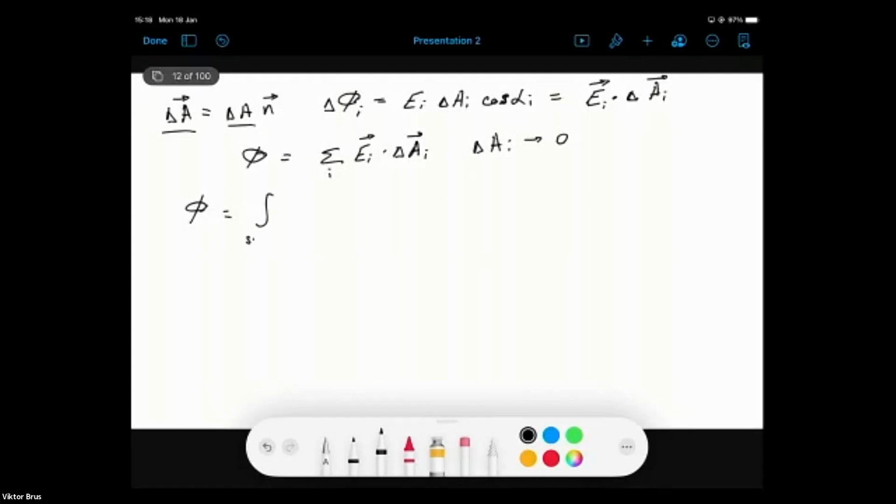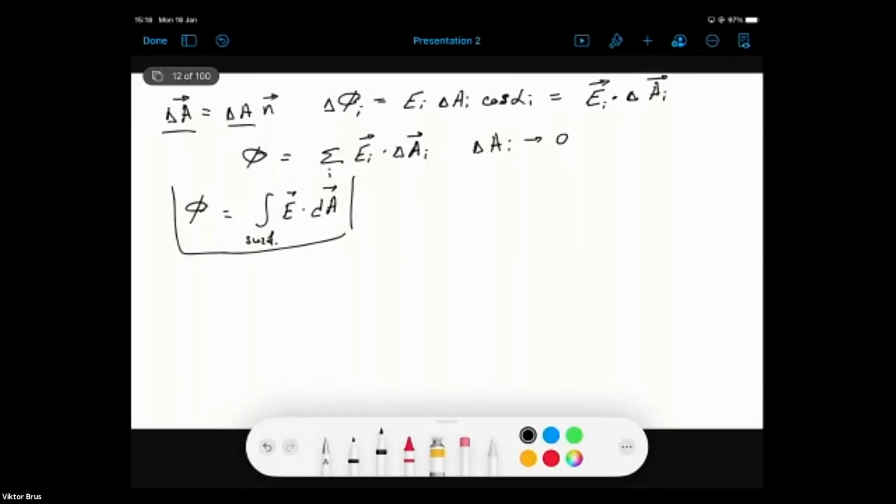Here we can write the surface integral of the scalar product, electric field times dA. So this is the general equation which allows us to calculate electric field flux through any surface in the case of a non-uniform electric field.